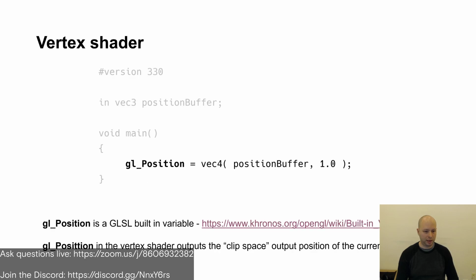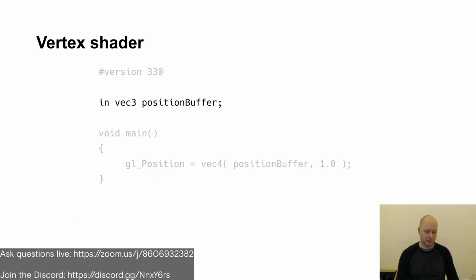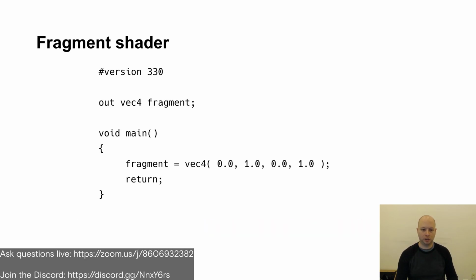Actually, this is important. I guess I missed this. In the vector 3 position buffer, this does indicate to GLSL that this is an attribute coming from the CPU. So you do need to put that in there, otherwise it won't know that it's a connection point, and when you try to bind the attribute on the CPU side, it will give you an error.